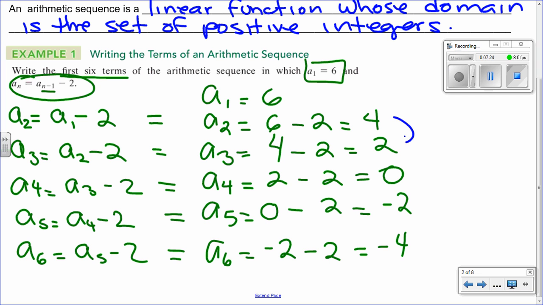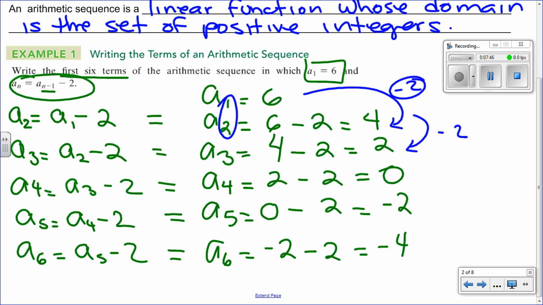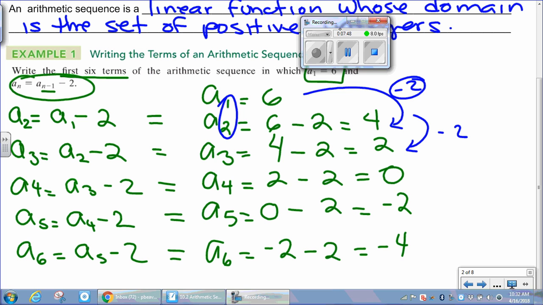Okay, so you can see here that the common difference was minus 2, right? Actually, let me go back. To go from one term to the next, it's all minus 2. So to go from the first to the second term, you subtract the common difference one time.